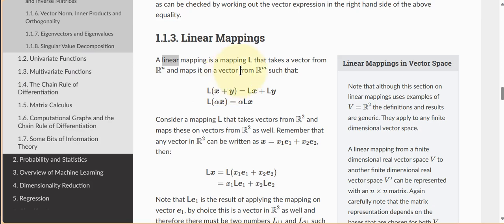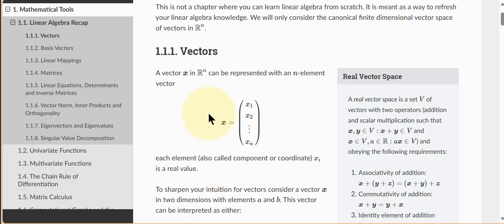Okay, so a linear mapping is a mapping, we'll call it L. And so what does it do? It takes a vector from R^n, so we're allowing inputs that are vectors. So that means it's a multivariable function, right? Because we have a vector as the input, so there are many values in that variable.